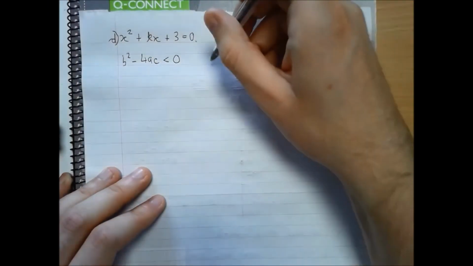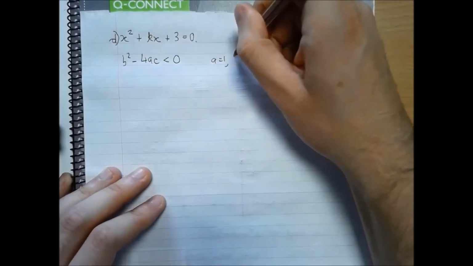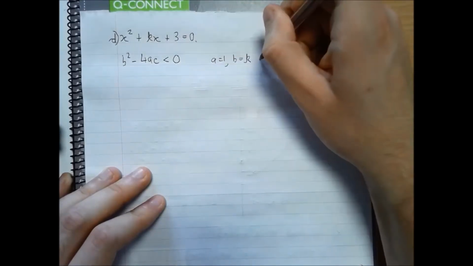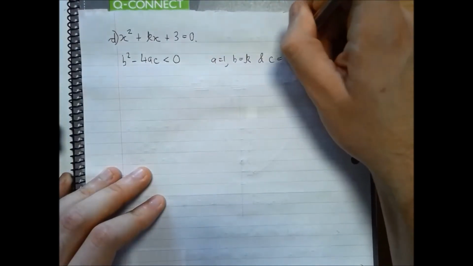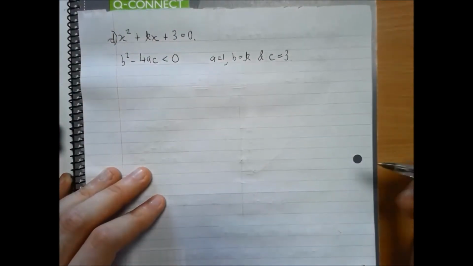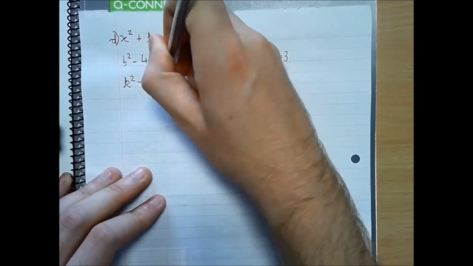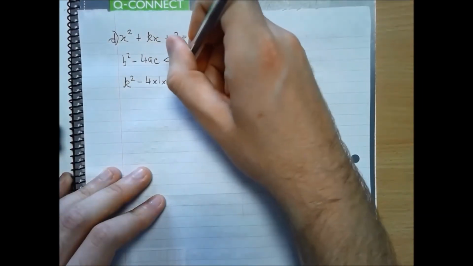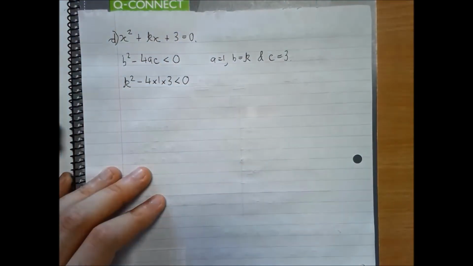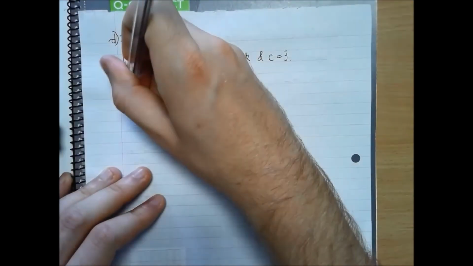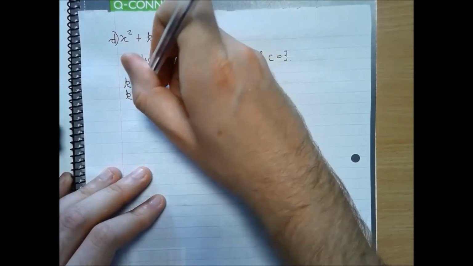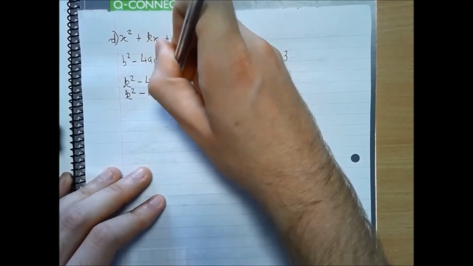Okay, and we know a is 1, b is k, and c is 3. So if we plug this all into the discriminant now, you have k squared minus 4 times 1 times 3 is less than 0. Which of course gives us k squared minus 12 is less than 0.